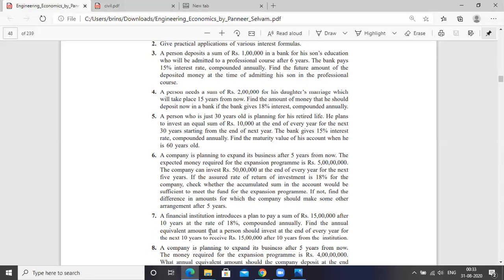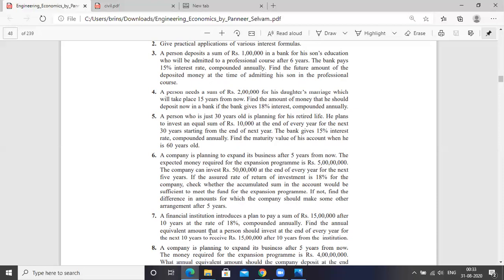And also it is given that the expansion required amount is, sorry, 5 crores. So that is the expected amount.